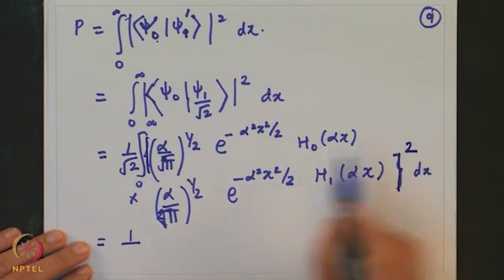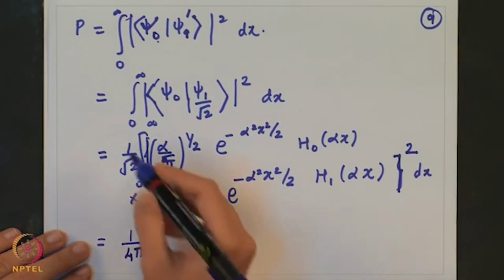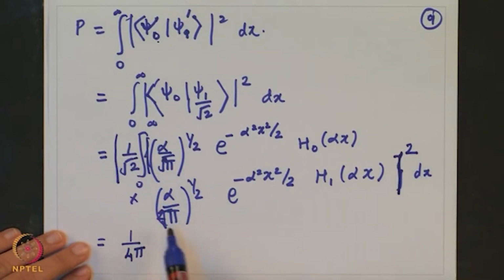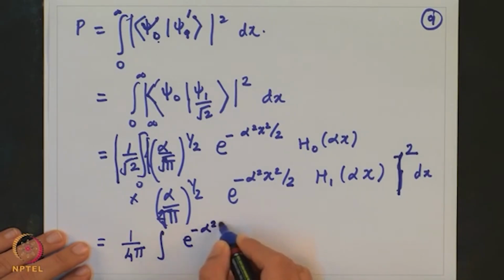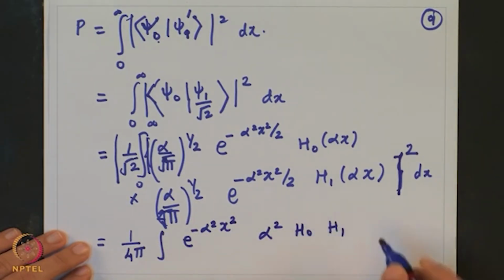This is whole square. So, when you take this out you will have alpha square. So, I will just take the 4 pi term out, this entire square. So, this is 2 and this is 2 pi. So, I will have a 4 pi and I will have e raised to minus alpha square x square. I have an alpha square term, h naught and h1, dx.